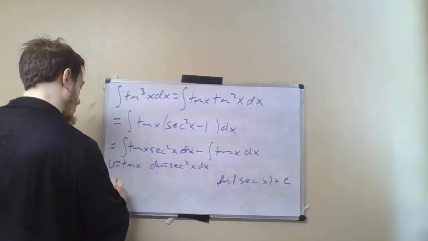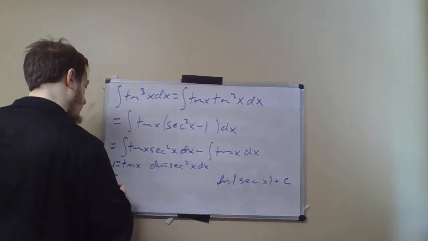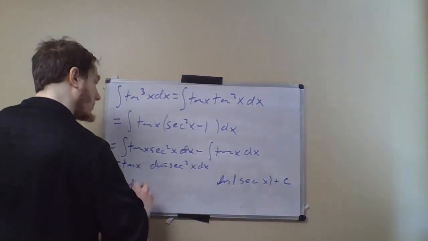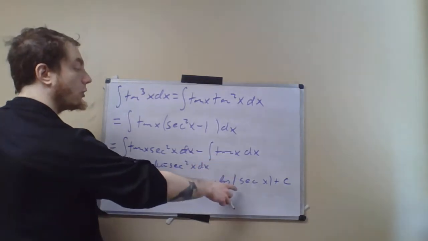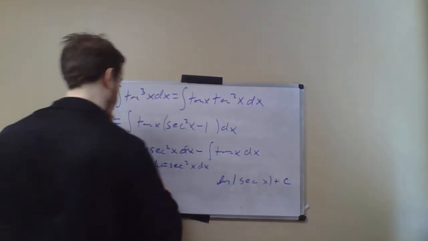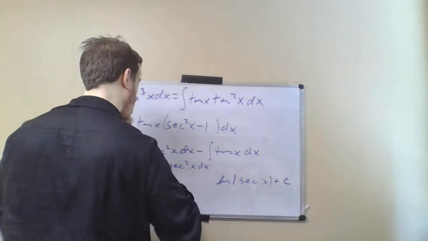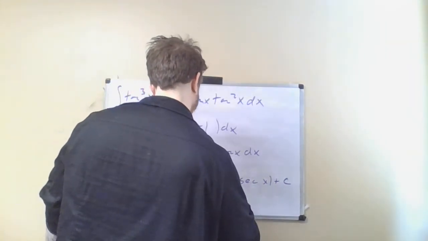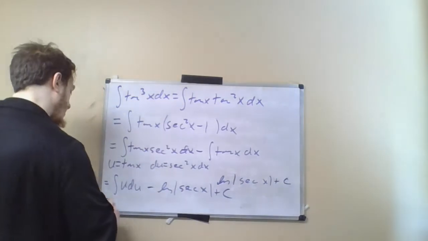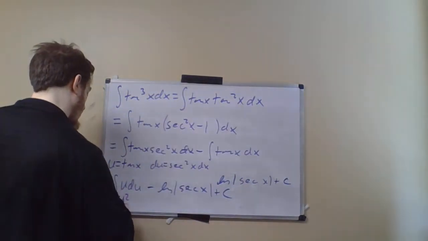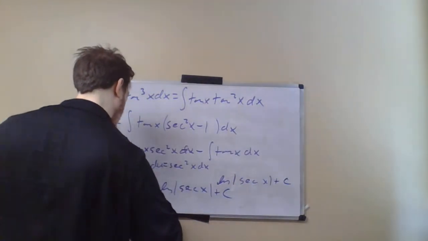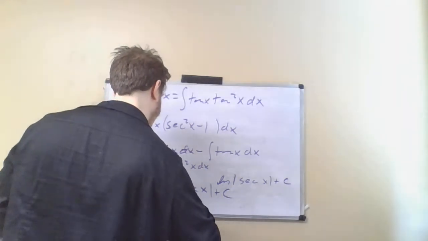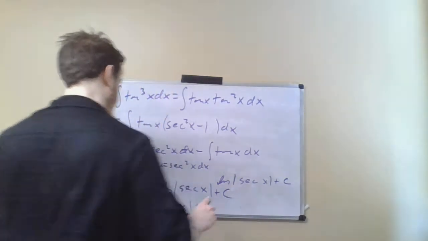So this is going to become the integral of u du. And this integral we just figured out. So this is going to be minus log absolute value of secant x plus a constant. So this becomes u squared over 2 minus log absolute value of secant x plus a constant.